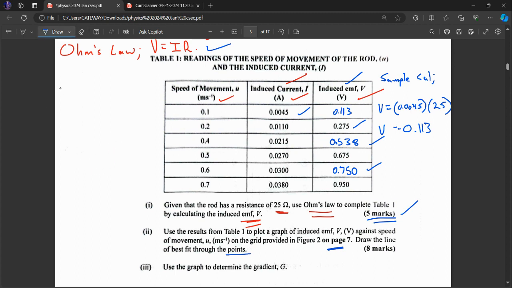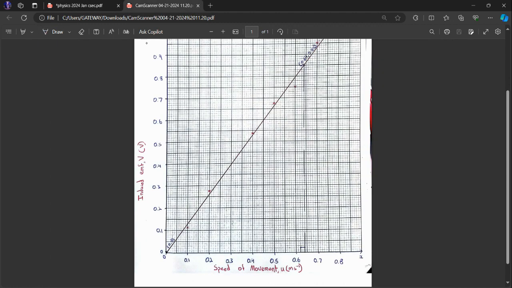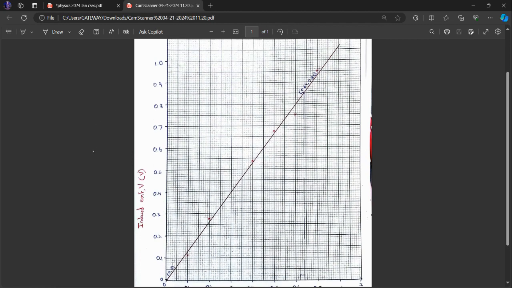So after I erase this here, right? This is our y-axis. Our largest value is 0.95 minus our smallest value, 0.113. That will therefore be equal to 0.95 minus 0.113, 0.837. How many blocks do we have on our y-axis?